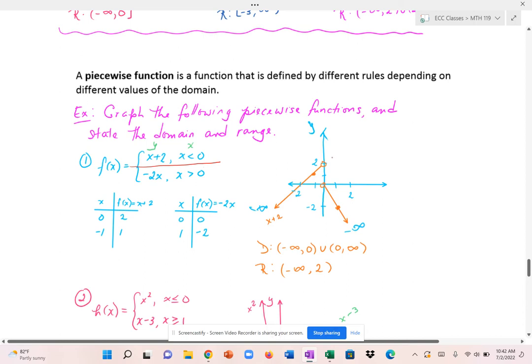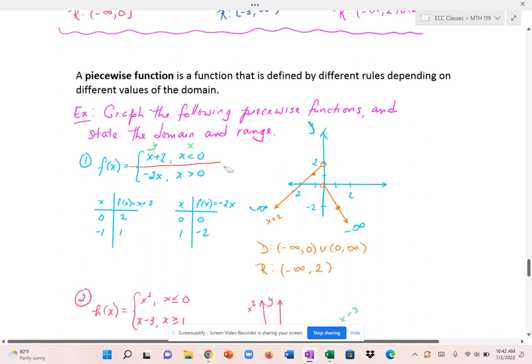At 0, 2, I'm going to put an open circle because it didn't say less than or equal to. If it had said less than or equal to, I would be coloring in that point right there, right? But since it just says less than, I need to put an open circle at 0, 2, and then negative 1, 1 is this one right here.